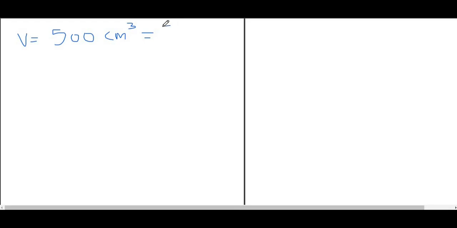So meaning I'll actually have 500 divided by 1,000. And that will actually give me 0.5 cubic decimeters. So there we are.